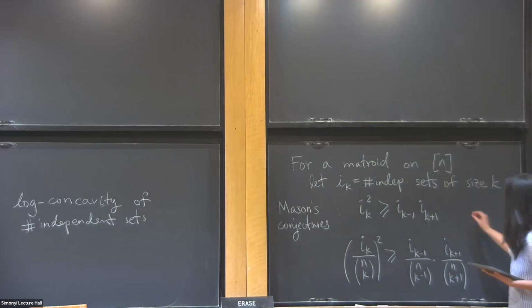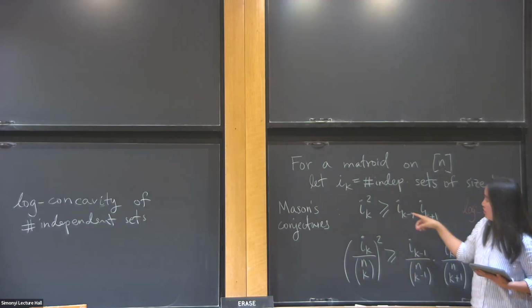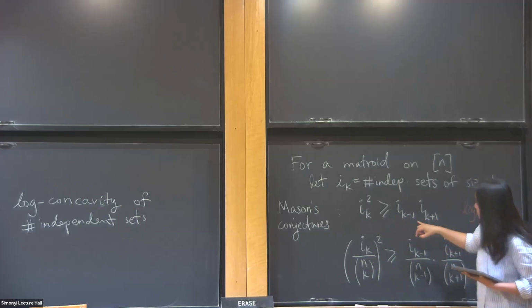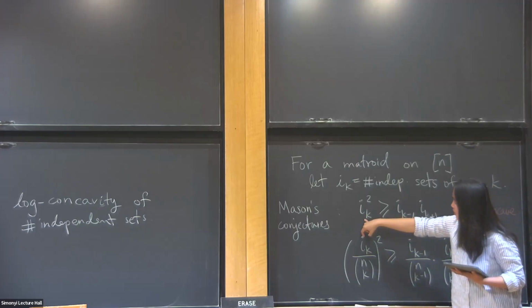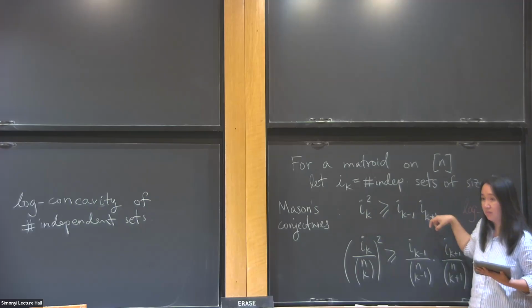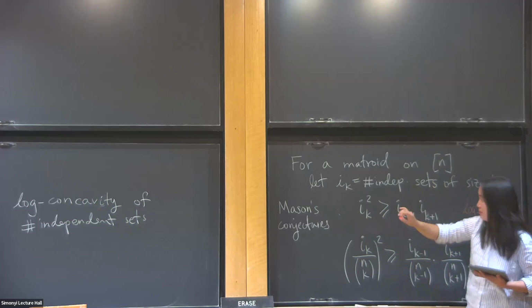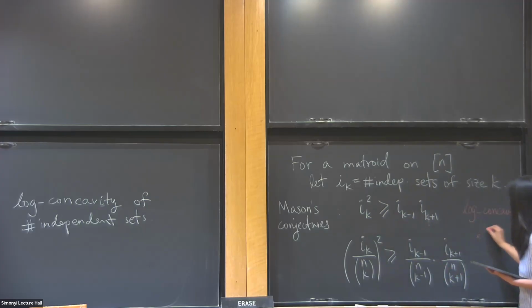So this kind of inequality is called log-concave. You can see that if you take the logarithm, that means that 2 times the middle one is bigger than or equal to the sum of the values at the 2 points. The middle one is bigger. So if you take the logarithm, the middle here is k minus 1, k, and k plus 1.